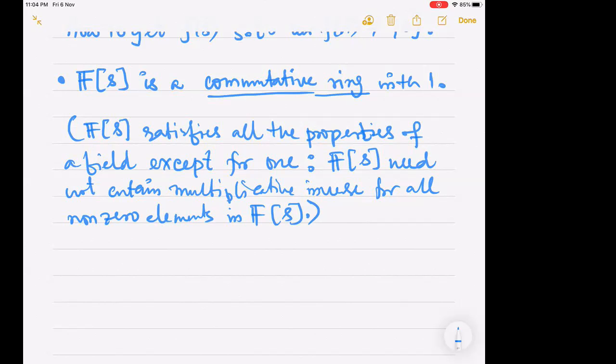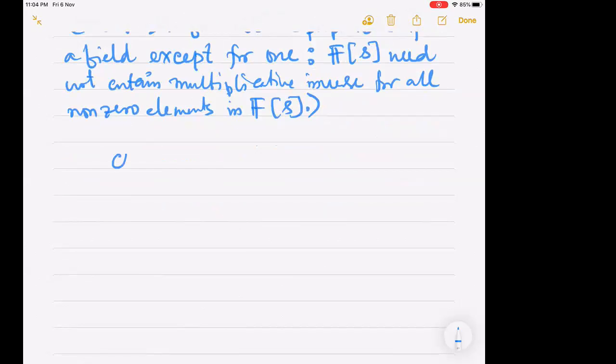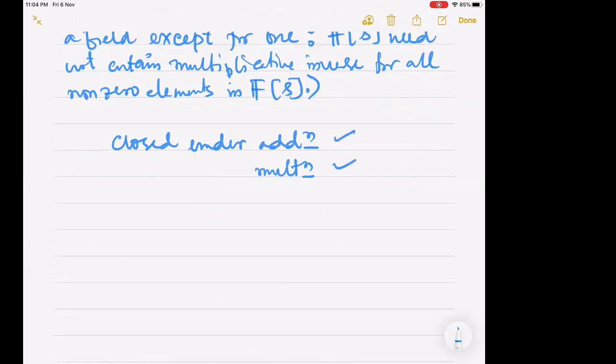Indeed, you can check that F[s] is closed under addition, closed under multiplication. The additive identity is there, namely 0, and the additive inverse is there, namely f has minus f.